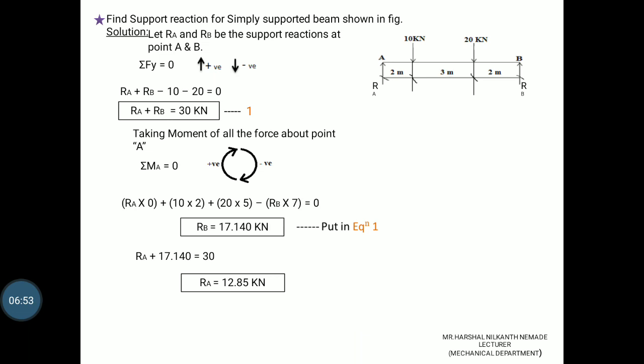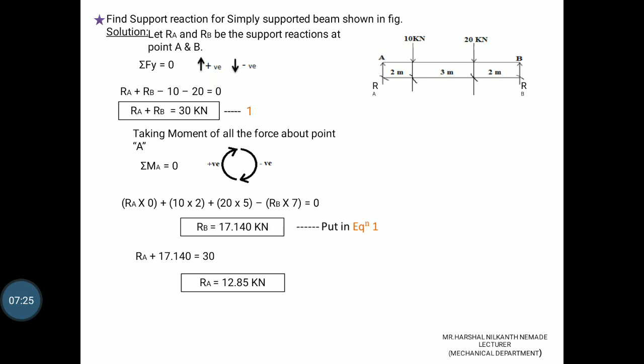Taking moment of all the forces about point A, summation of moment at A is equal to 0. Clockwise rotation I will take as positive, anti-clockwise rotation I will take as negative. So at point A, the moment will be 0. Next, 10 multiplied by 2.